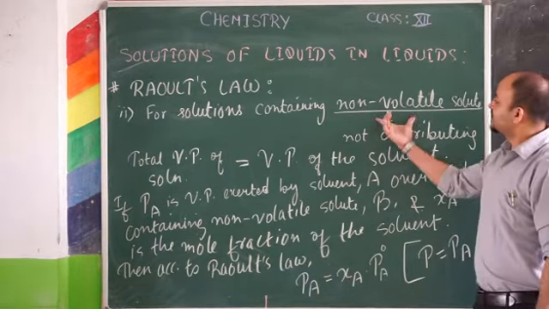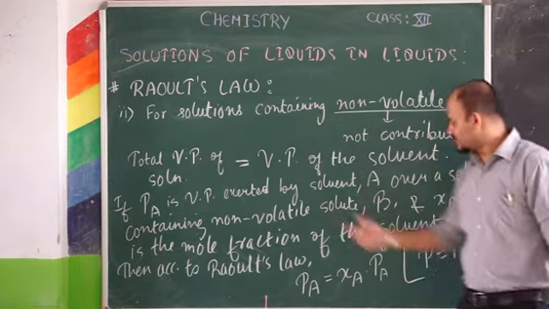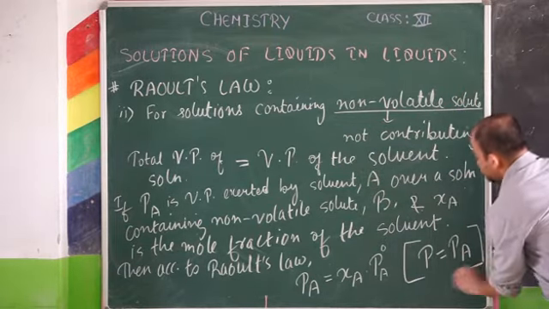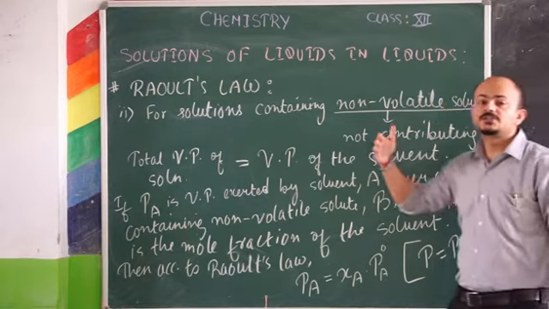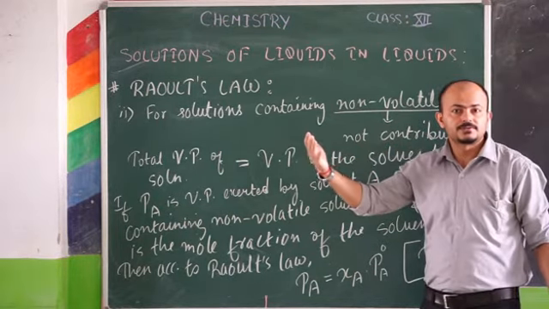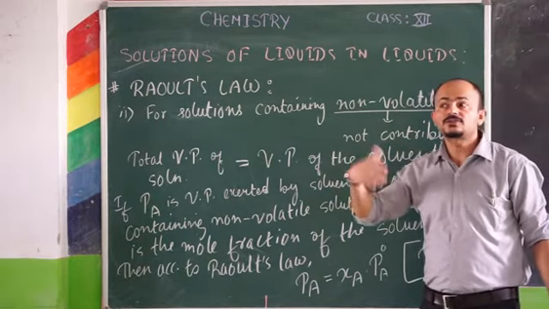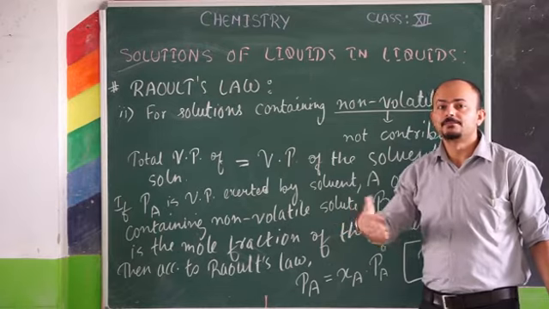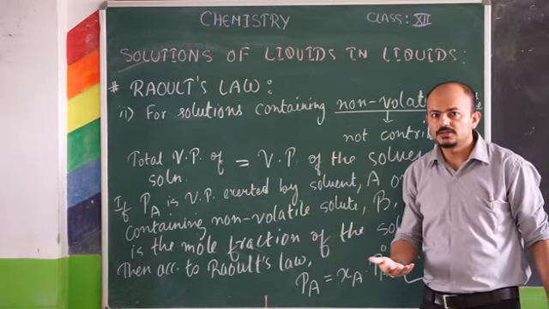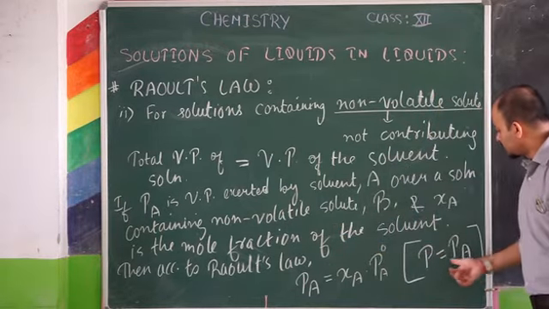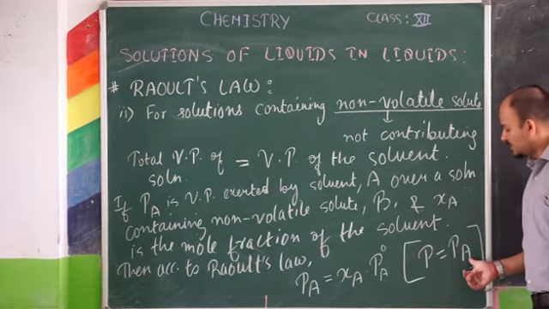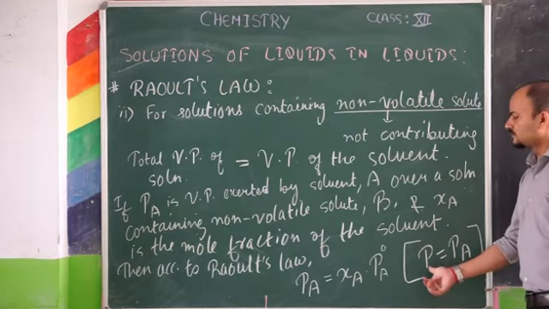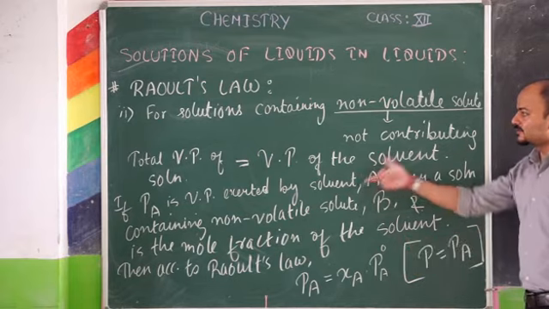Now, you have to understand this part. In this case, the non-volatile solute is not contributing to the total vapor pressure. Therefore, the total vapor pressure of the solution is because of what? The solvent molecules only. That means the partial pressure of A, the solvent, is equal to the total pressure of this particular solution.